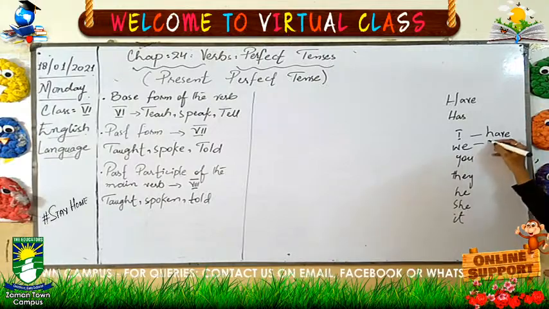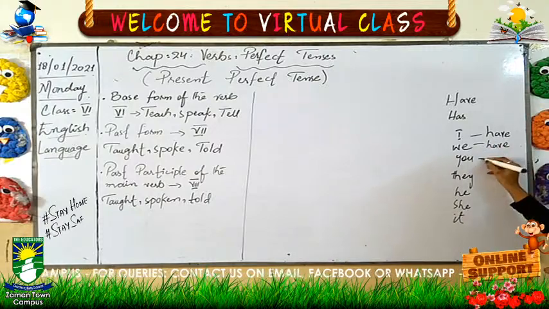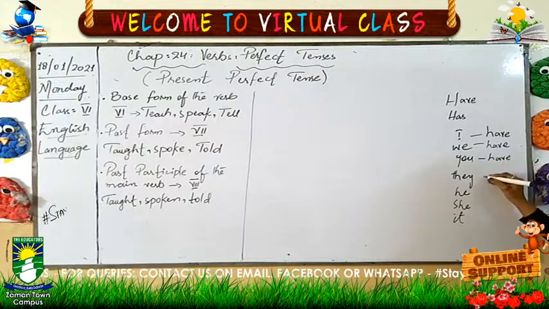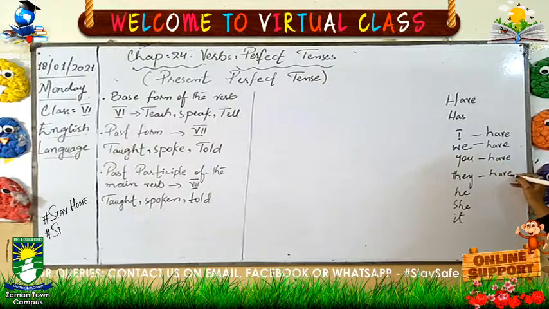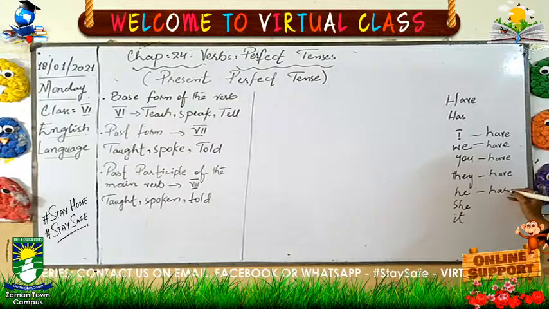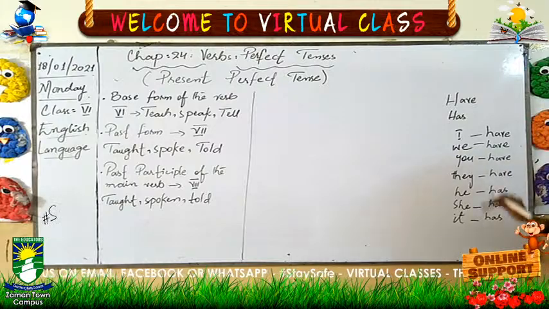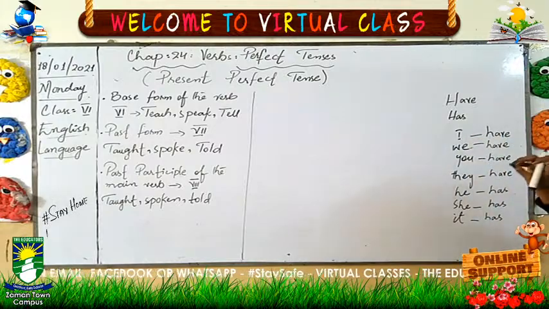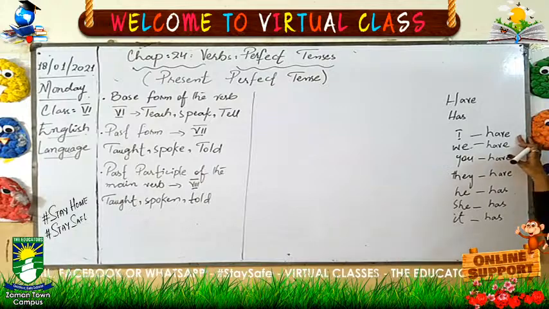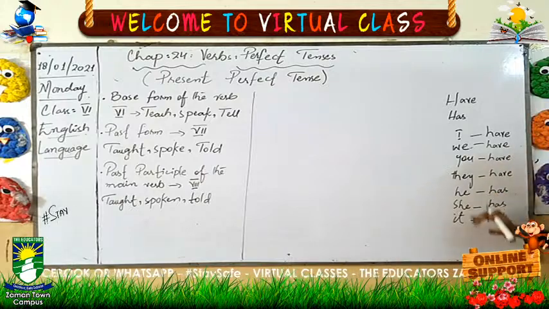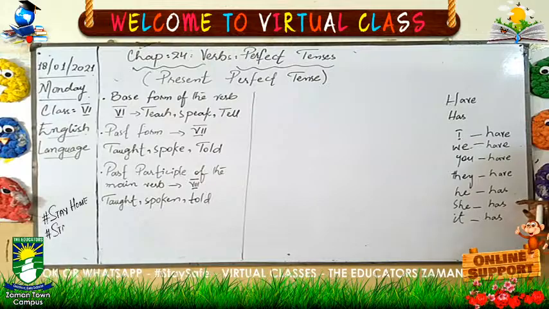With we, the same. You have, they have, he has, she has, it has. With I, we are going to use the helping verb have in the present perfect tense, and with he, she, it, we are going to use has in the present perfect tense.